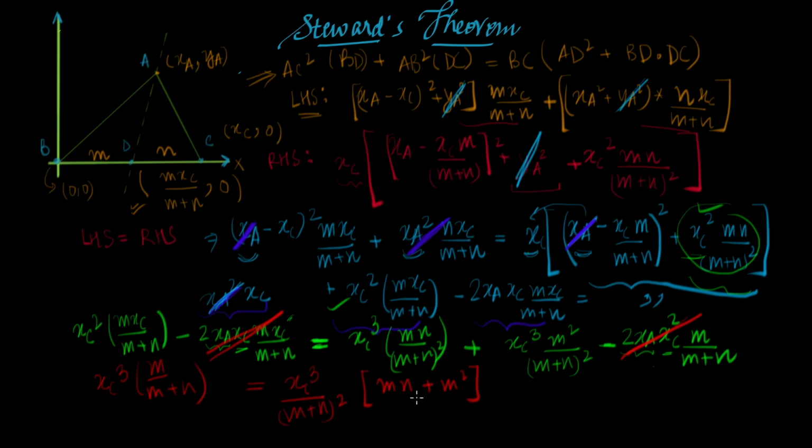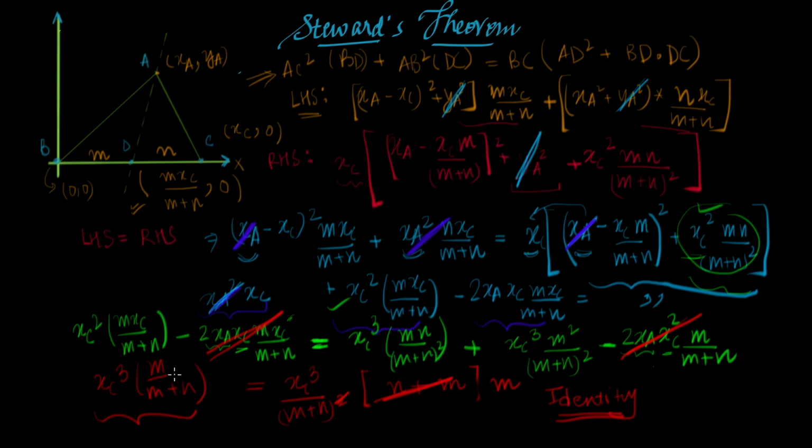If we take m common out of this, we divide this by an m, we divide this by an m, we get n plus m. So that reduces down to n plus m, and that very conveniently cancels out the denominator, at least one power of it, and what we're left with is xc whole cube m upon m plus n equals xc whole cube m upon m plus n, and that's an identity.